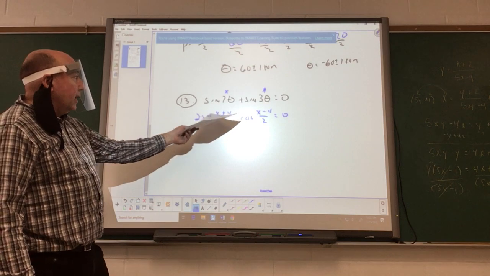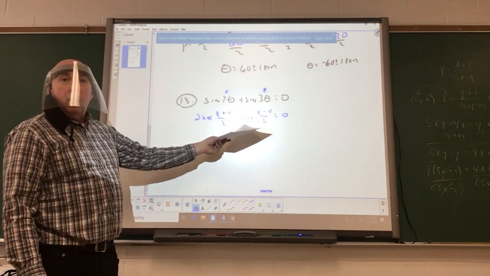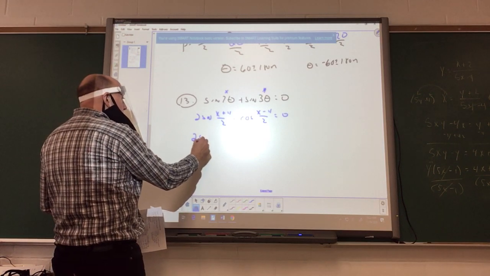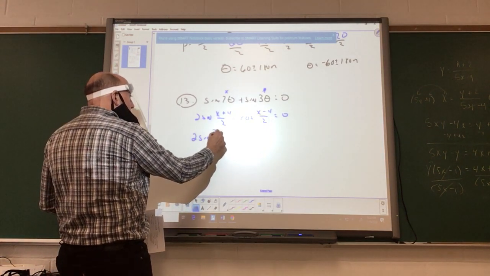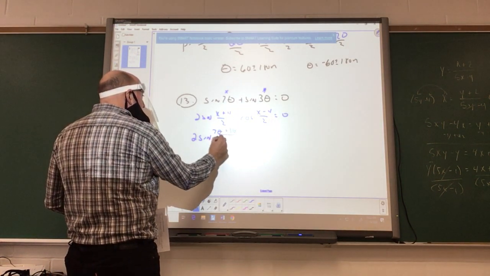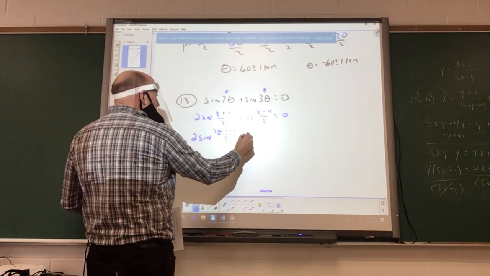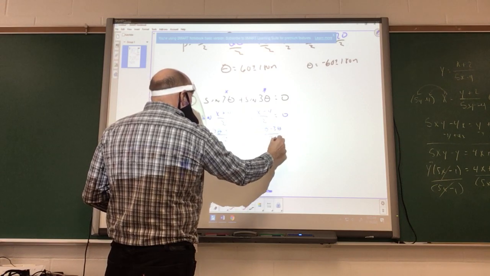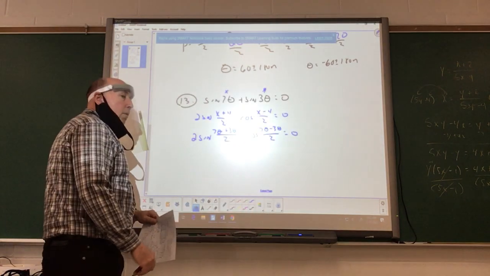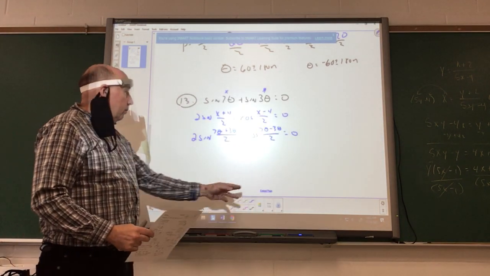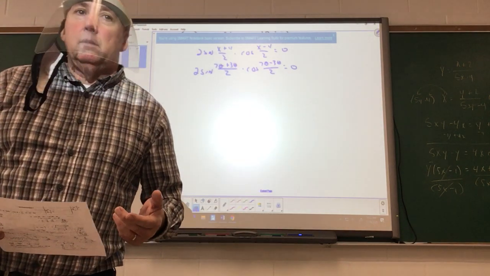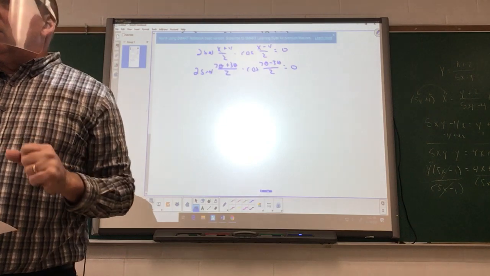Wherever I see an x, I'm putting in a 7 theta. Where I see a y, I'm putting in a 3 theta. So we have 2 sine of 7 theta plus 3 theta divided by 2, and cosine of 7 theta minus 3 theta divided by 2 is equal to 0. I'm taking 7 theta plus 3 theta, adding them together, dividing by 2.